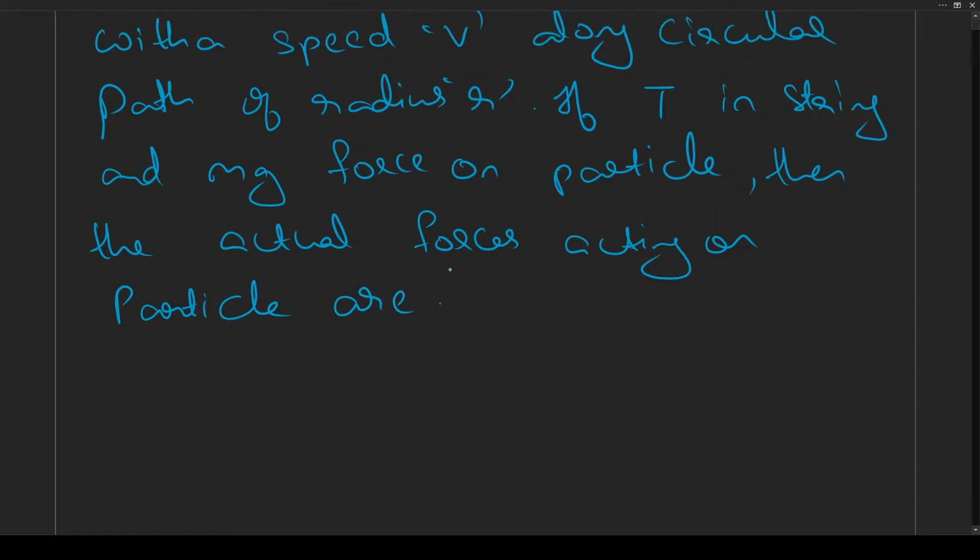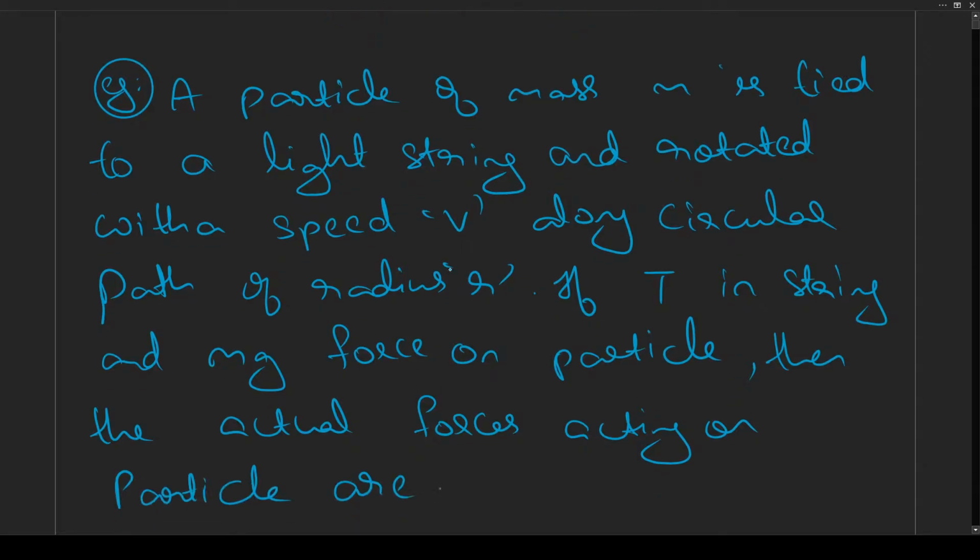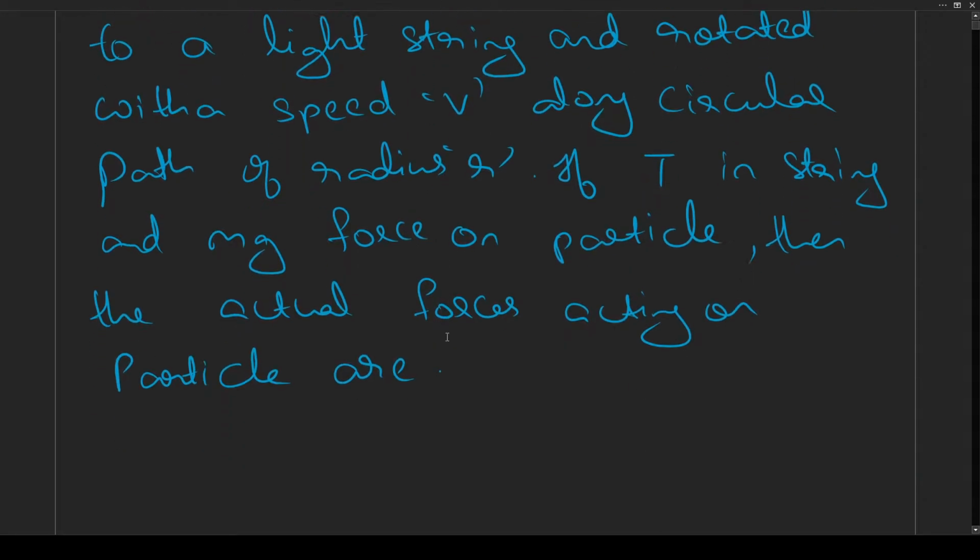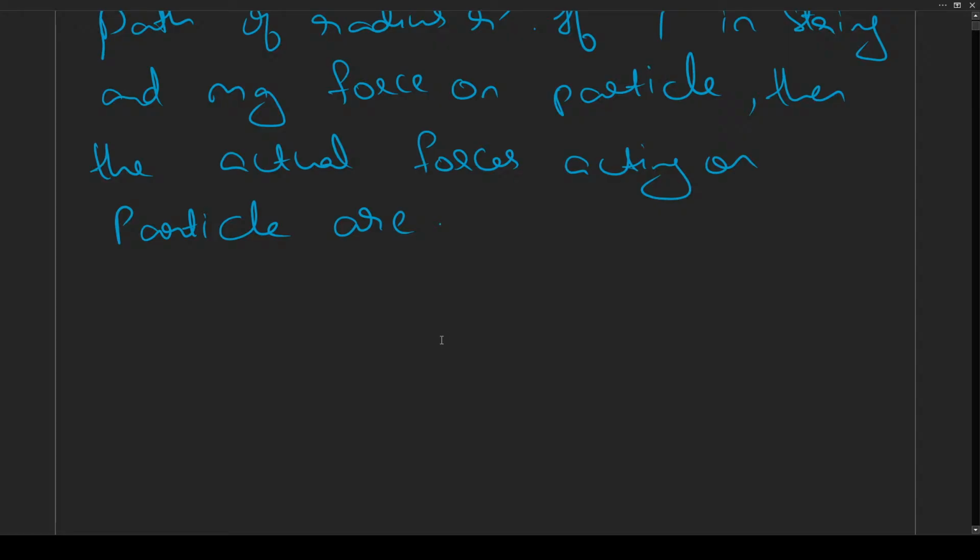They're saying that a mass of m is tied to a light string, meaning it's a massless string, and it's rotated with a speed of v along a circular path having a radius of r. If tension T is in the string and gravitational force acts on the particle, then the actual forces acting on the particle are: option A, mg, that is gravitational, and T only.